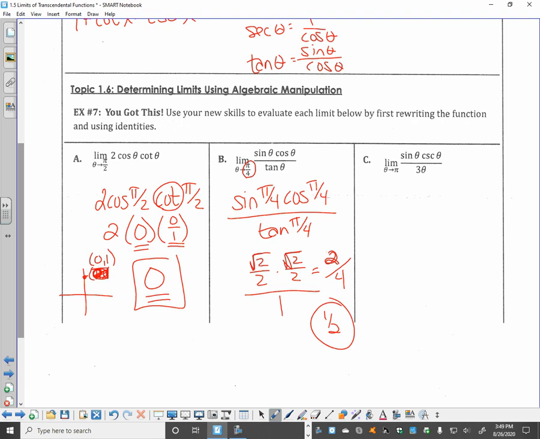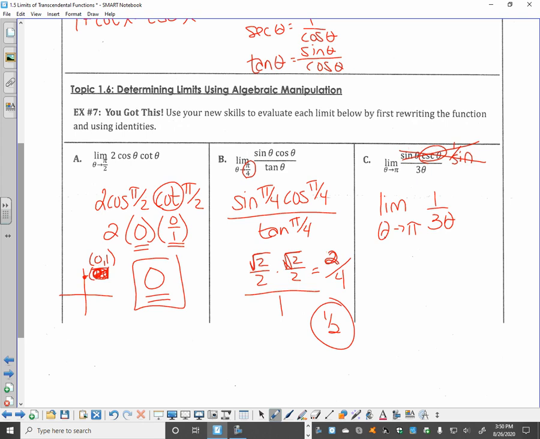Now when I look at part C and I see the sine times cosecant, I know that it is a 1 because I know that cosecant is 1 over sine. So I'm not plugging anything into the top because I know that this simplifies before I do anything.